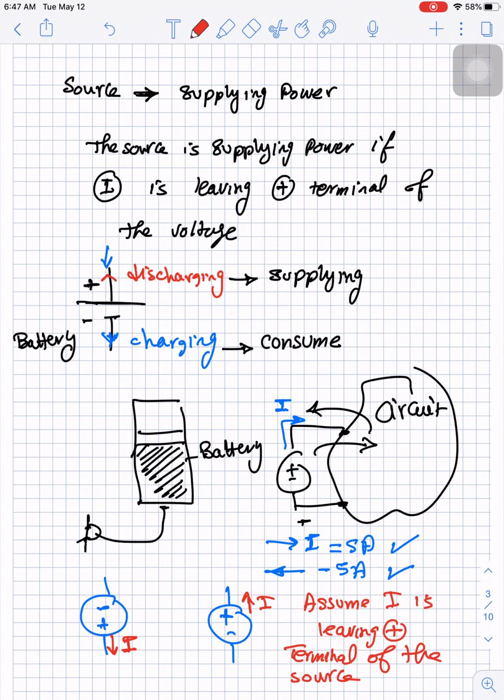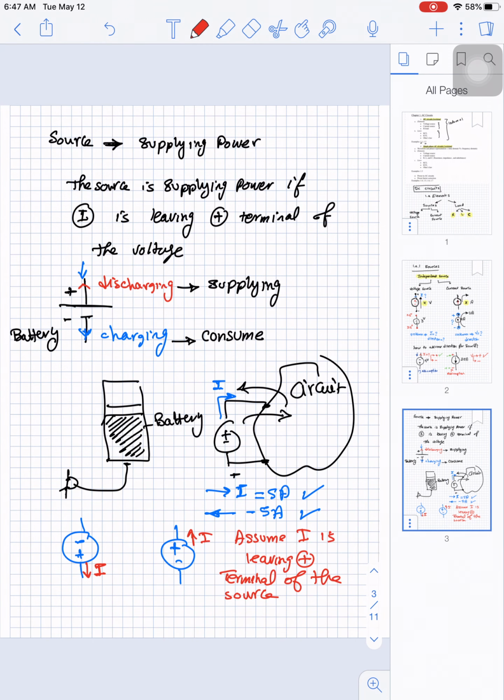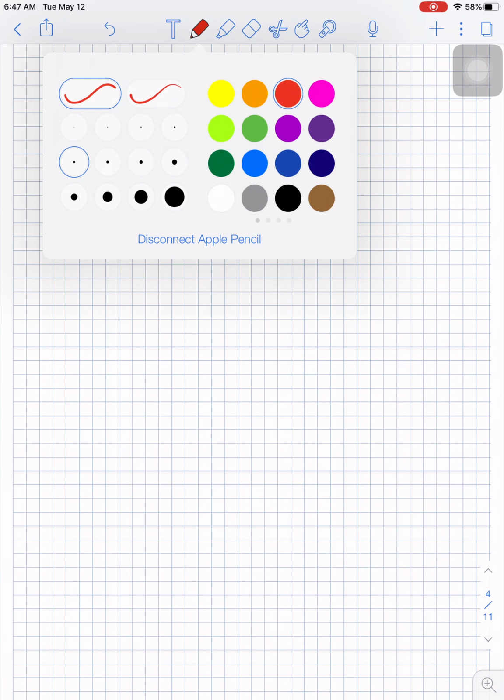So what if we have a current source? How will we deal with it? If we have a current source, you know the direction of the current. Say it is given that the current is going in this direction as 3 ampere. So what will be the unknown?